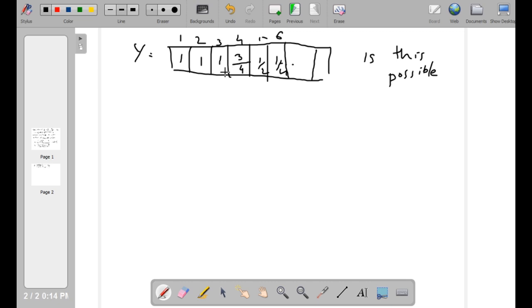That is, we have picked the first three items, then 3/4 of the block of the fourth item. After that, he is saying he was able to pick half the block of the fifth item and 1/4 of the sixth item. And this has more profit than our solution. He is claiming that. Is this possible?